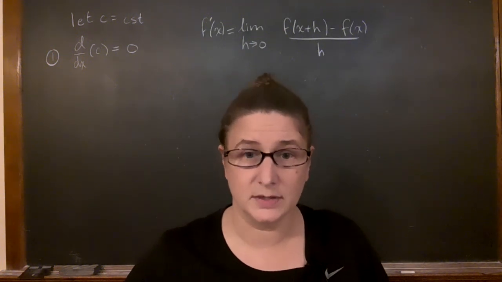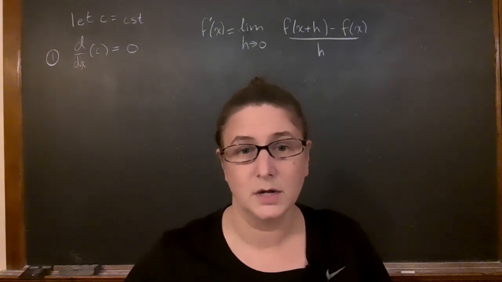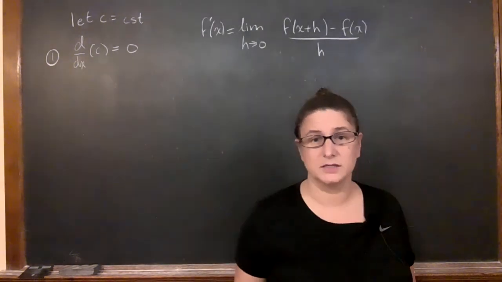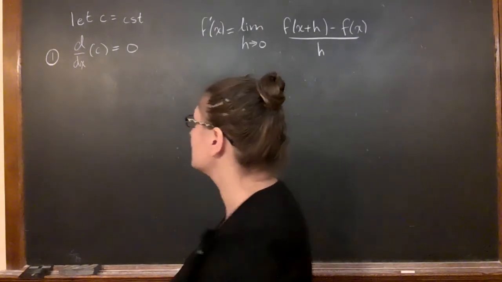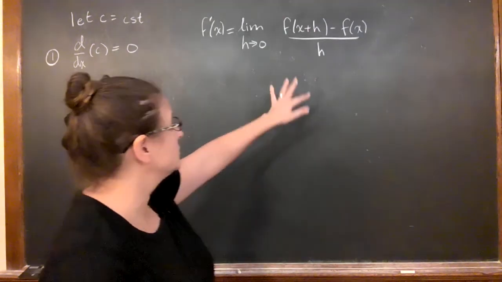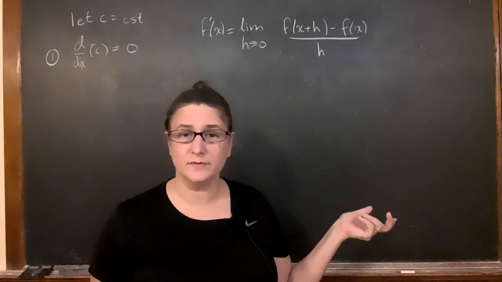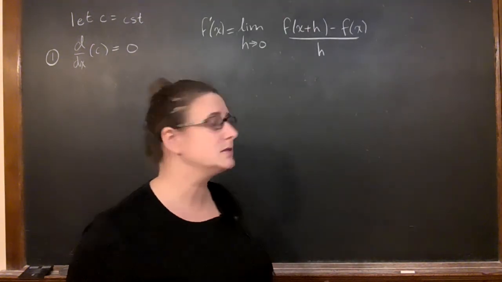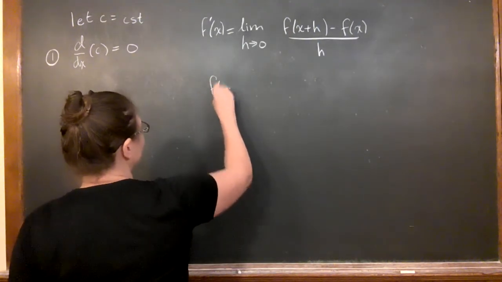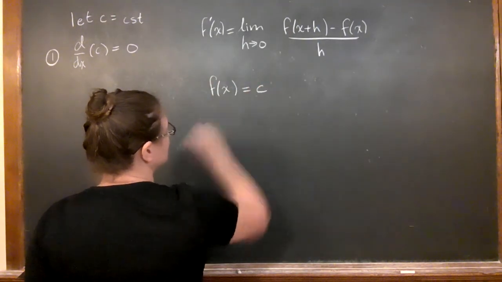Well, we're going to start with the easiest of the derivative rules, which is that the derivative of a constant is 0. This is super easy to prove if we just put it into our definition of the derivative. What do I mean by a constant? I mean a function that's just f of x equals c.